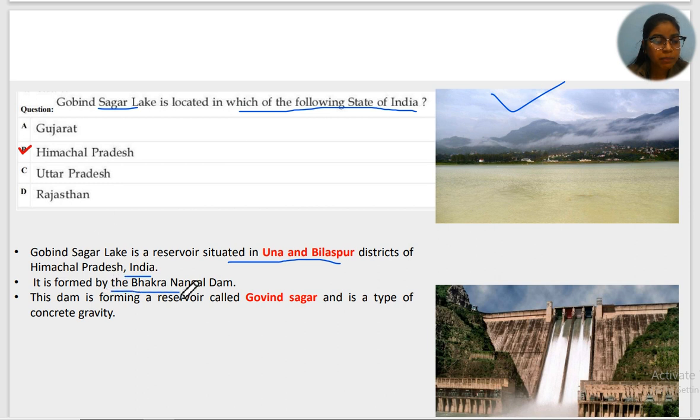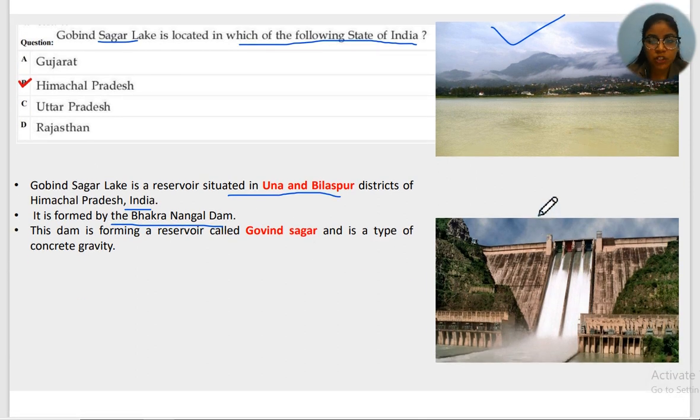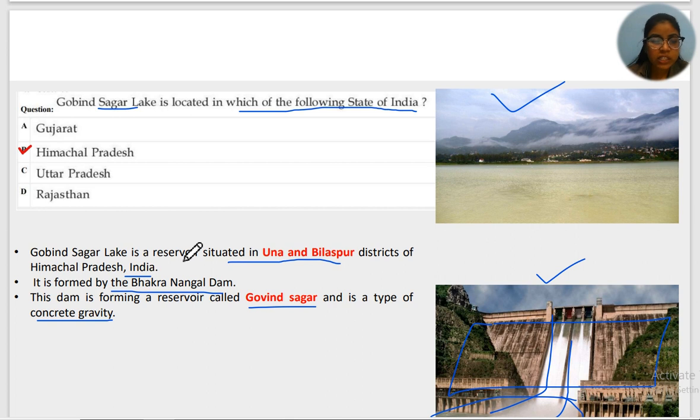It is formed by the Bhakra Nangal Dam, which forms the reservoir known as Govind Sagar. It's a concrete gravity dam. The correct answer is Himachal Pradesh, India.